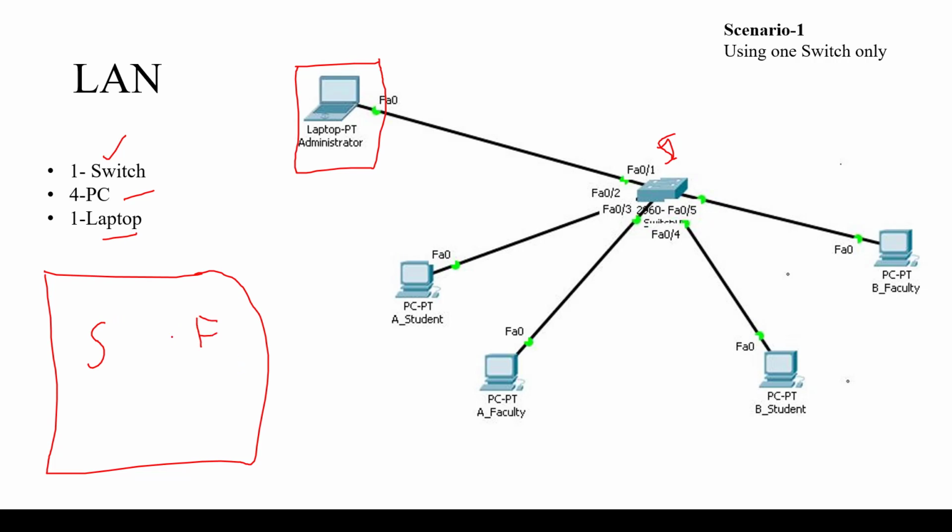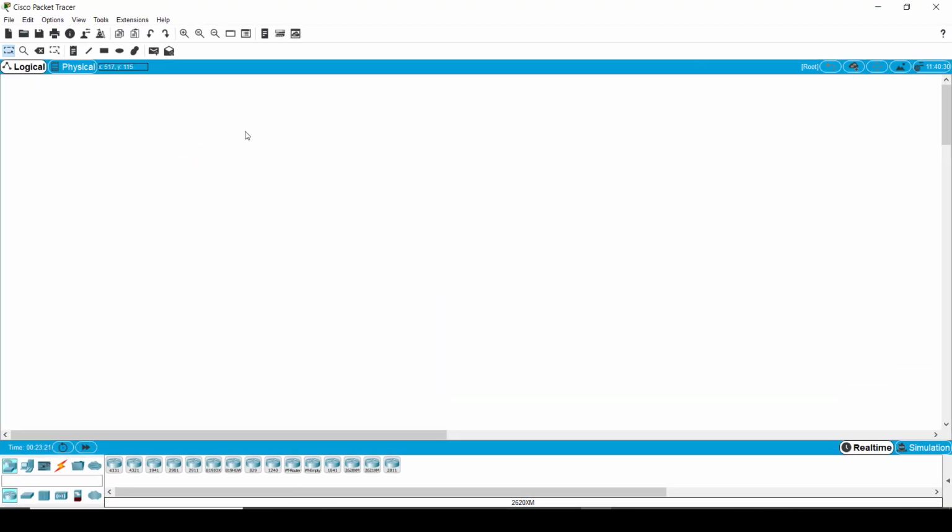I have created a simple network here. In this scenario, students can communicate with the faculty and faculty can communicate with the students. This is very simple. So let's implement it on Packet Tracer.